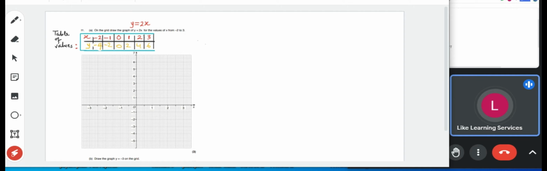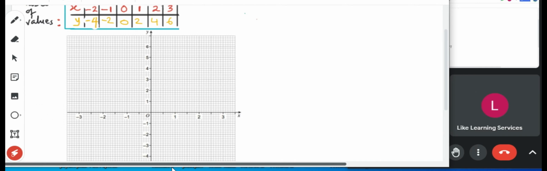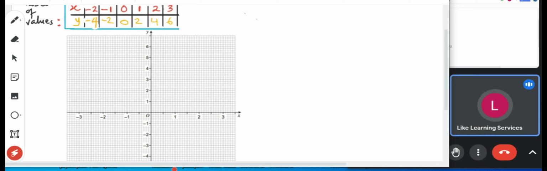Let's plot when x is minus 2, y is minus 4. Let's be fast about it. Very quickly.